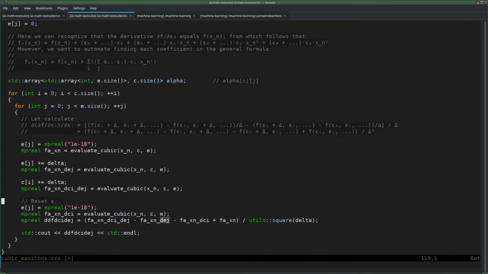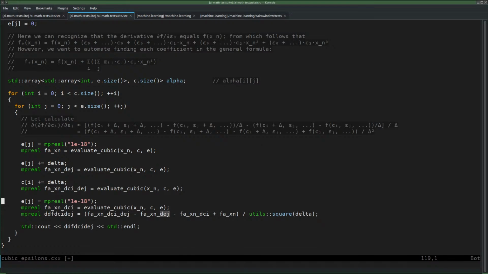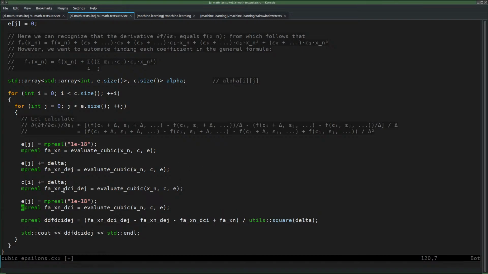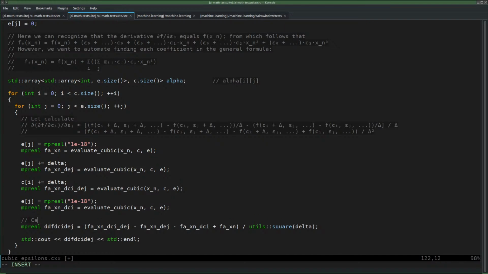And then I reset epsilon j. It's kind of the same as here. So now we have just the delta of the coefficient. And then we have all 4 of them, right? 1, 2, 3, 4. So then we can calculate the derivative, the double partial derivative, which we can print then.